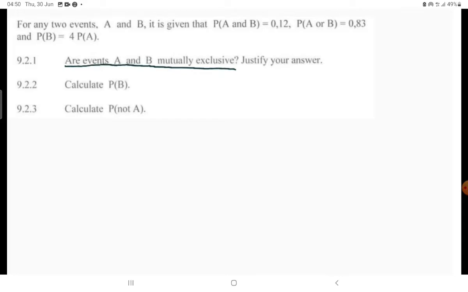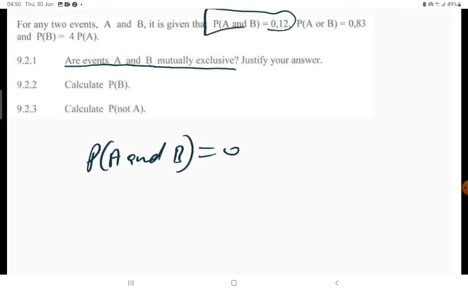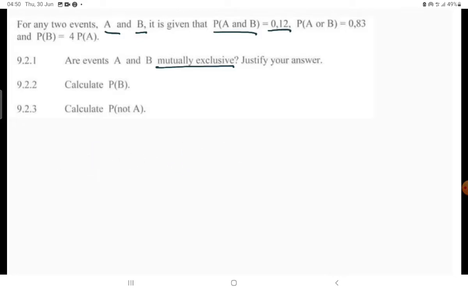For mutually exclusive events, we know that the probability of A and B has to be equal to 0. Here the probability of A and B is not equal to 0, which means A and B are not mutually exclusive, since it is equal to 0.12.